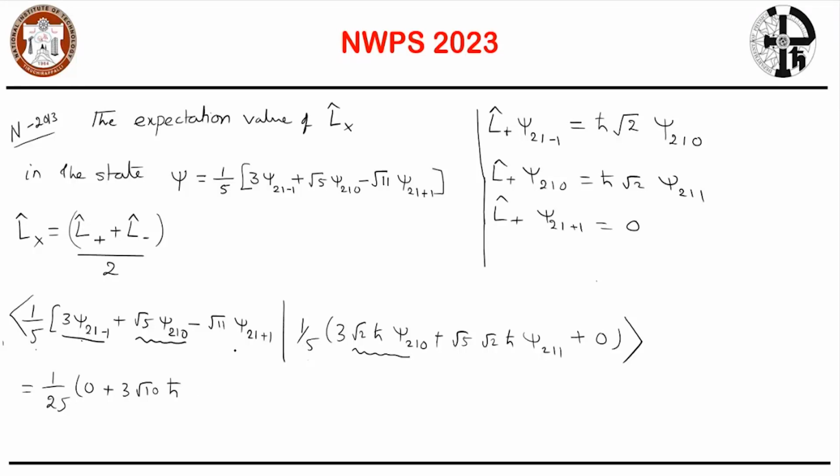And this one goes with this one, which gives you minus root 55, and then h cross. This is the answer. It's complicated, but this is the answer. Similarly, you have to do it for L minus, add them, and take half. Then you will get your answer.